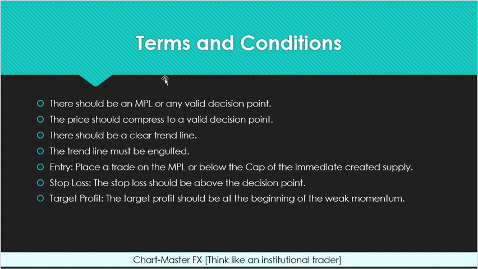I made that example deliberately in order to explain this concept that I'm talking about. The stop loss should be above the decision point. The target profit should be at the beginning of the weak momentum.